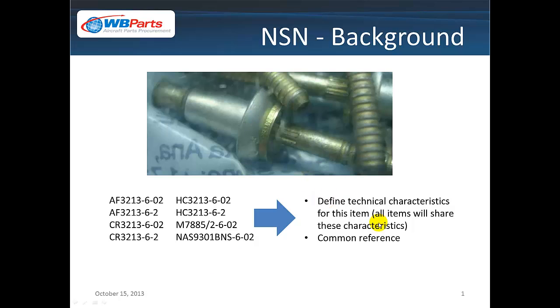They would come up with a common reference, and that would be the national stock number itself. Any time the federal government needed to purchase this item or seek quotes from vendors or transfer material from the Army to the Navy and so on, they would refer to it via the common reference, the national stock number.